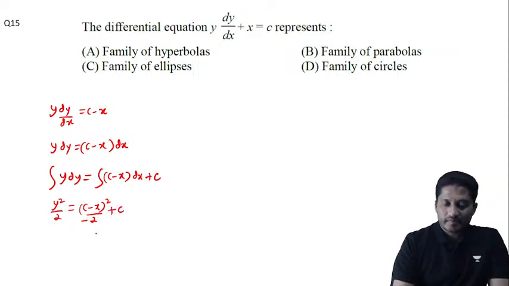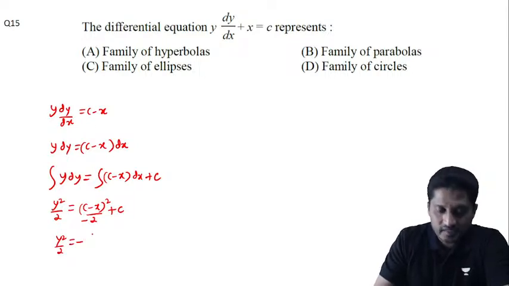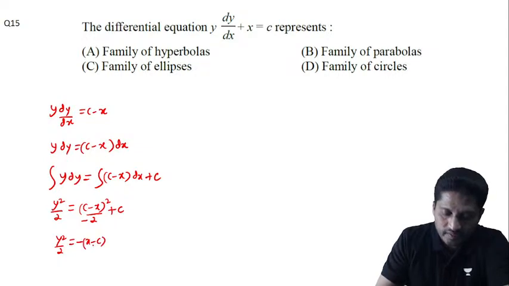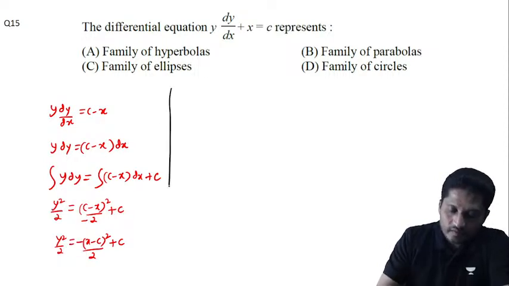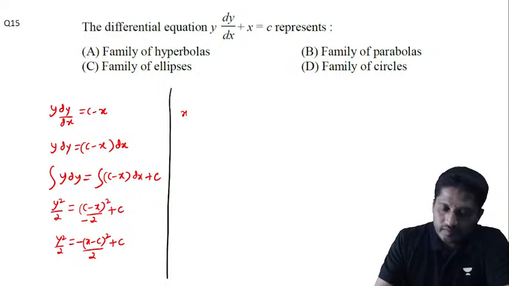Now if I multiply by 2, y square by 2 is equal to minus, I can write (c minus x) the whole square as (x minus c) the whole square by 2, and then plus c. Now if I shift to the left side, it should be a circle. (x minus c) the whole square by 2 plus y square by 2 is equal to c.